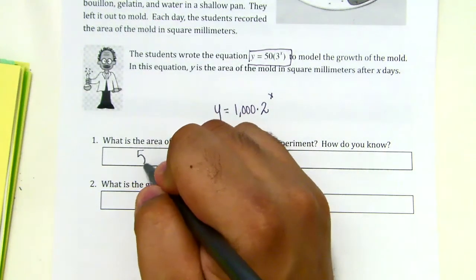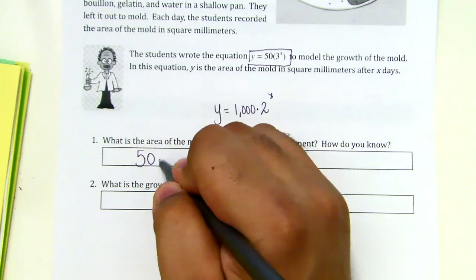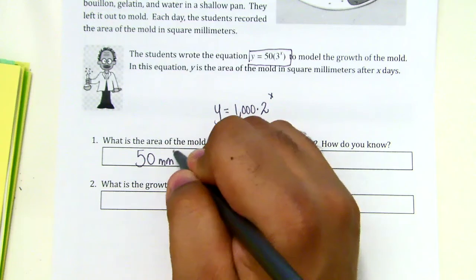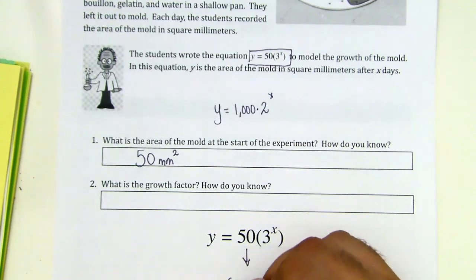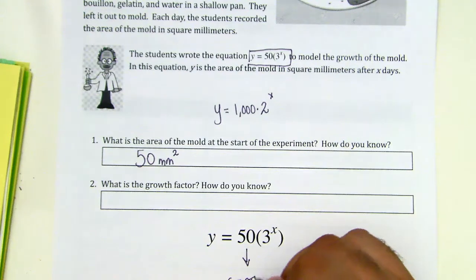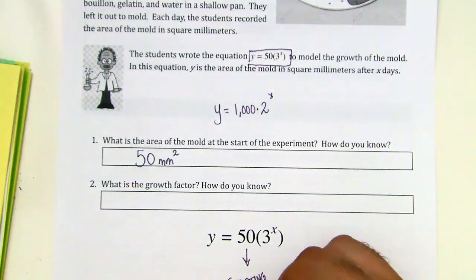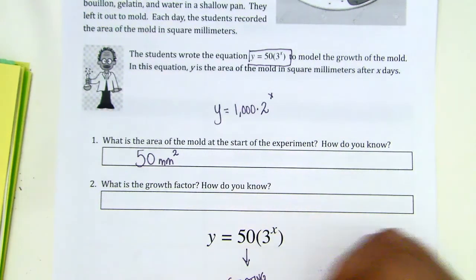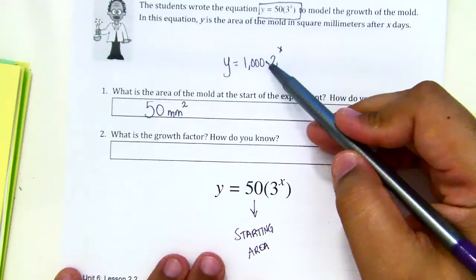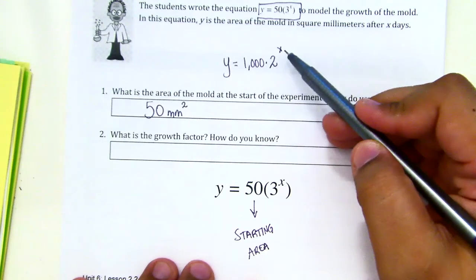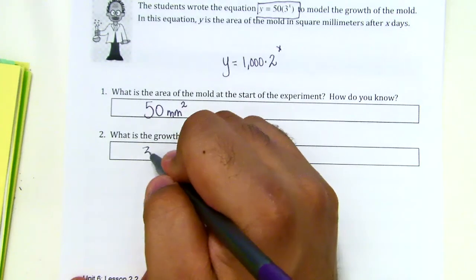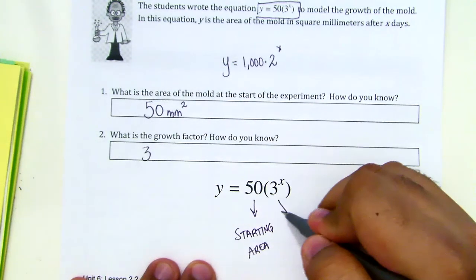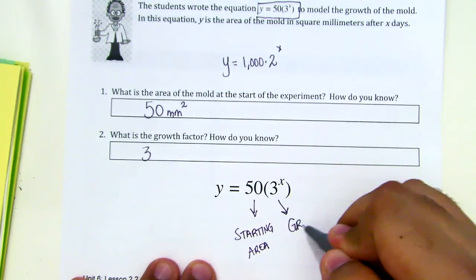So 50 square millimeters is the starting area. So I'm going to label that here. And we also know that based on the equation from yesterday, it was doubling, so we had a 2 to the power of x. This one we have a 3 to the power of x, so this growth factor is actually going to be 3. It's going to end up tripling as we go. And that's our growth factor.